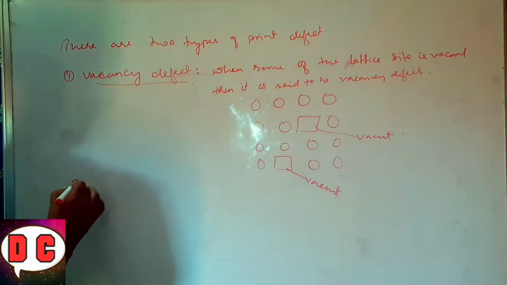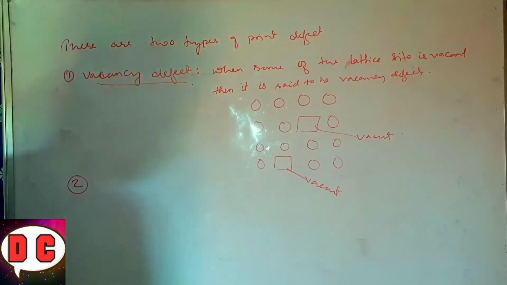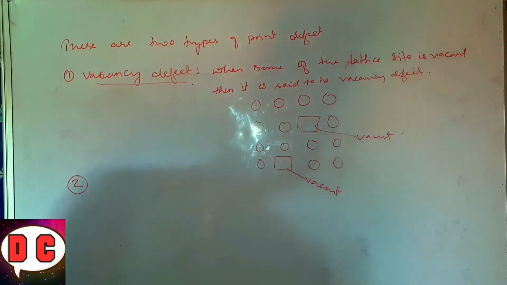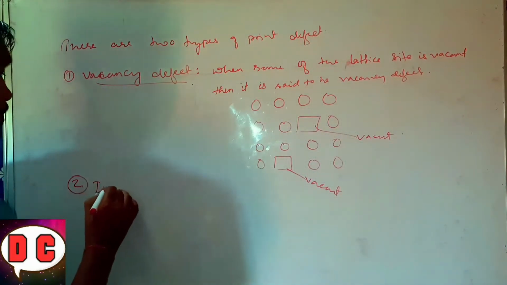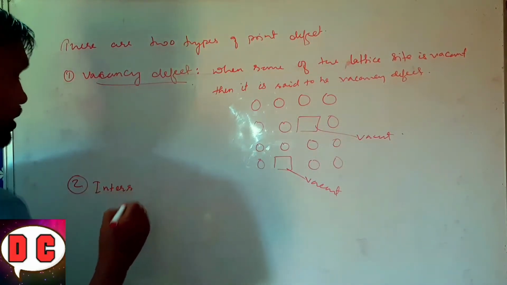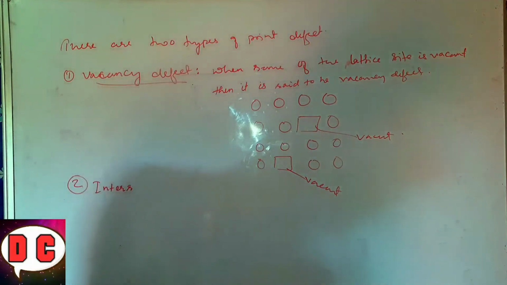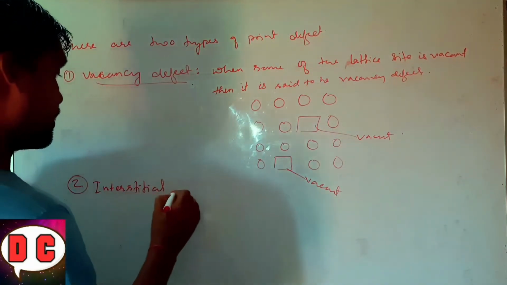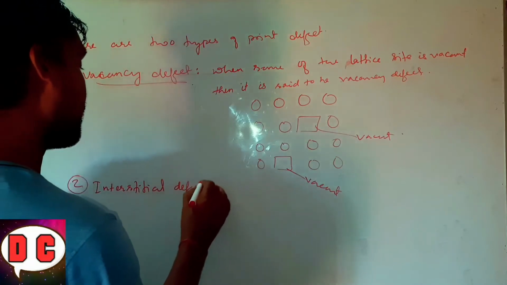The diagram is also important. So next one is what? We have the next type, interstitial defect. In this type of defect, what happens?